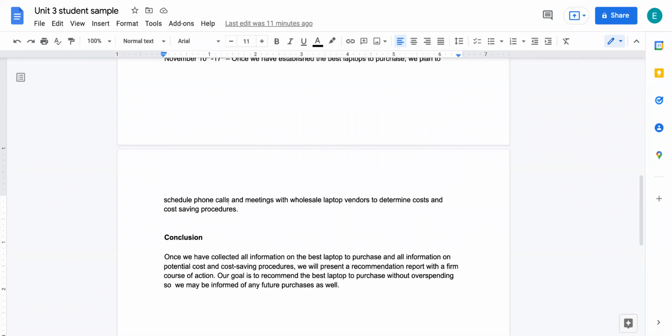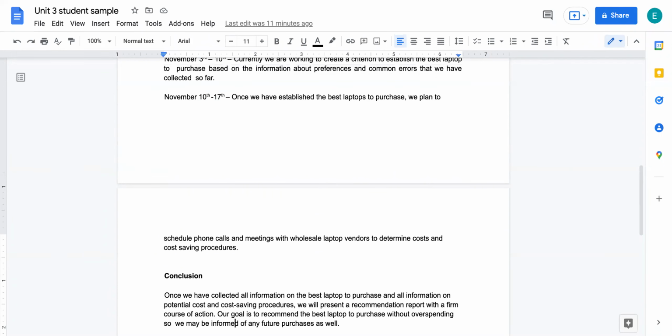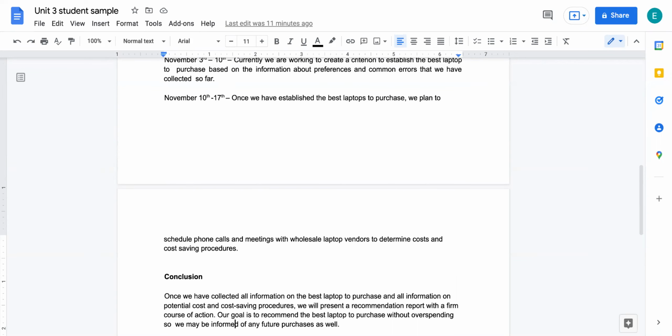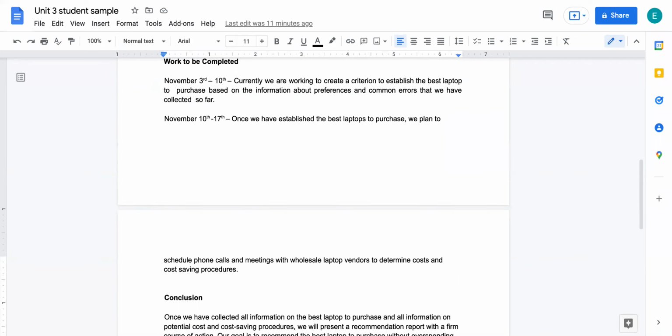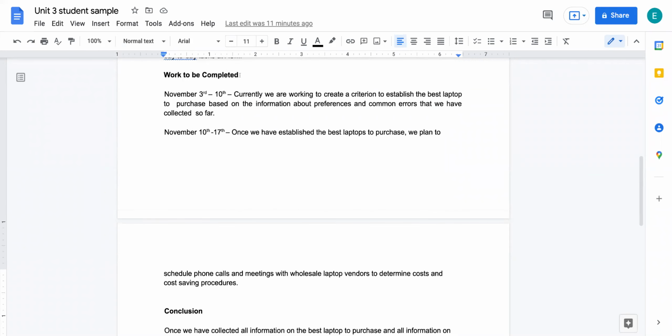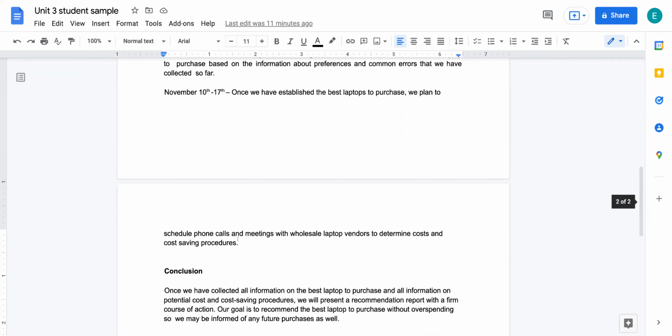The one thing that needs to be added to this document, though, so like I said, this is a student example. It's not perfect. For the work to be completed section, they do need to include the date that this report will be written, which is the feasibility report, which is Unit 4.